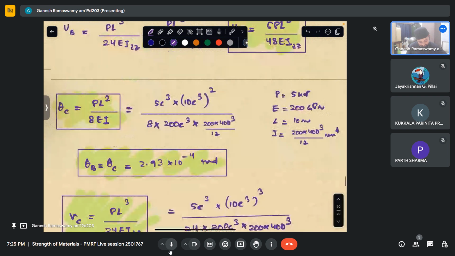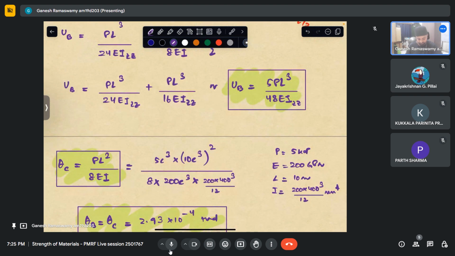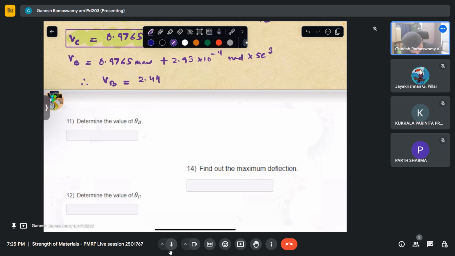Just a moment. 200e3 into... yeah. So this is 2.44 mm, which if I were to divide it by its length, you can see that it is of the order of 10 power minus 4, the ratio of the deflection at the free end to the length of the actual member, because this is a solid steel section.